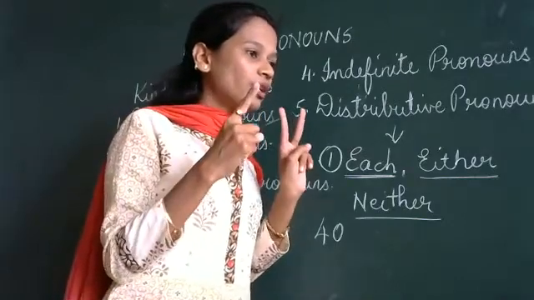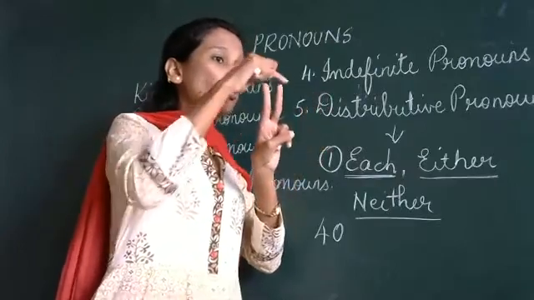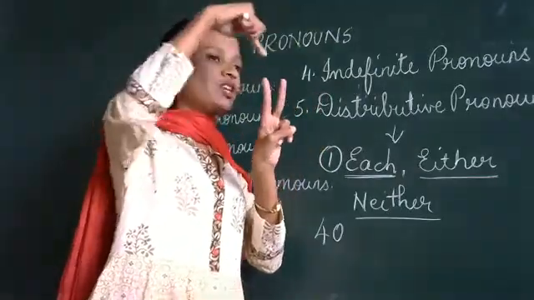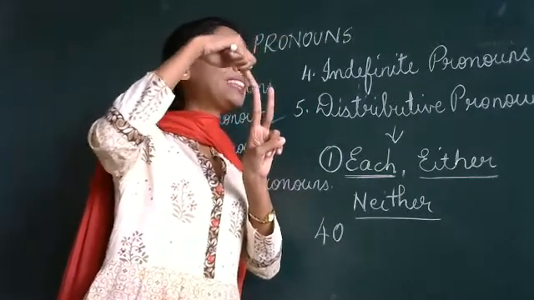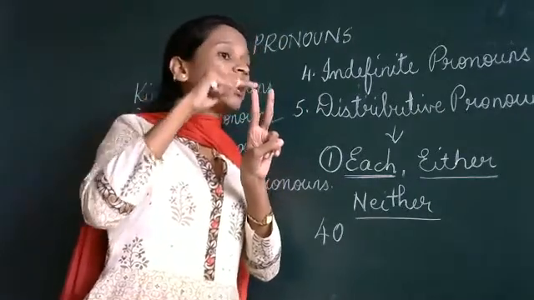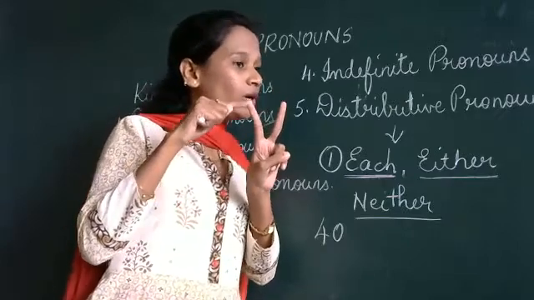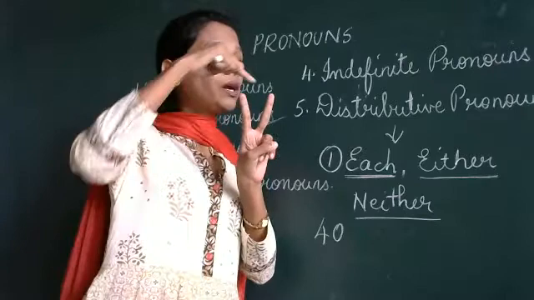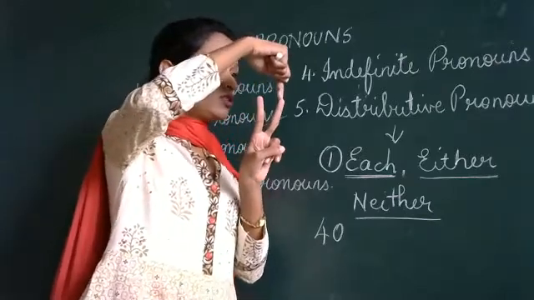Are you getting me, children? I'm giving you two options of two celebrations: Children's Day celebration and Annual Day celebration. You have to participate in either of them. Either means any one celebration. If you want to take part in Annual Day, you can, but you cannot take part in Children's Day.